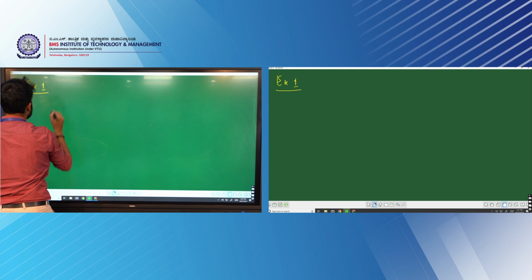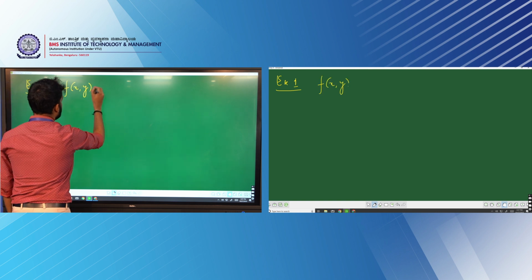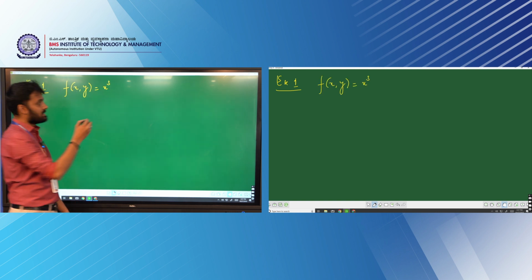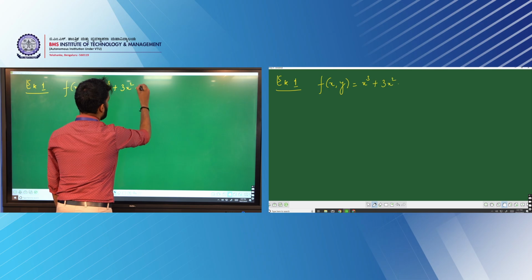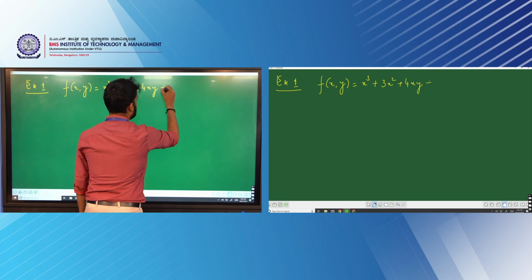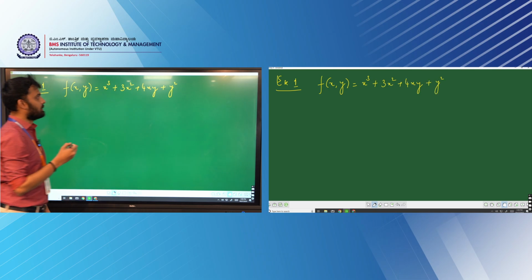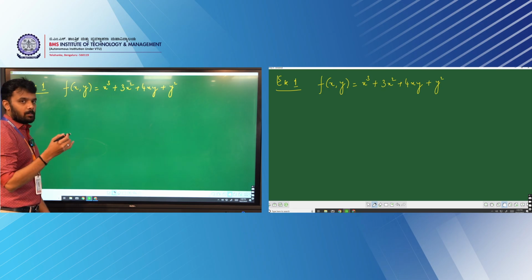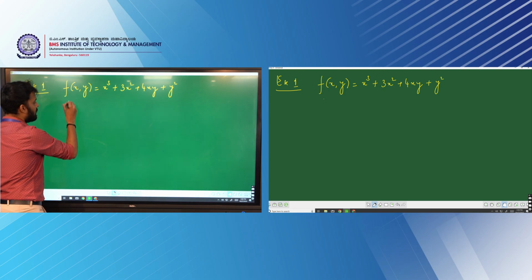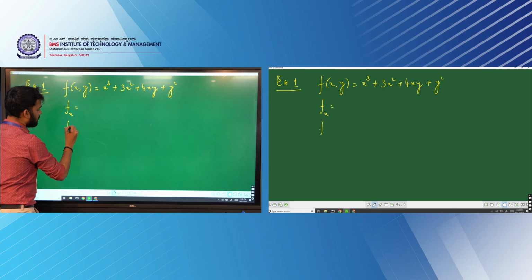Let us consider f of x comma y to be x cube plus 3x square plus 4xy plus y square. As I told you at the beginning, the first step is to partially differentiate f with respect to x, and also with respect to y.